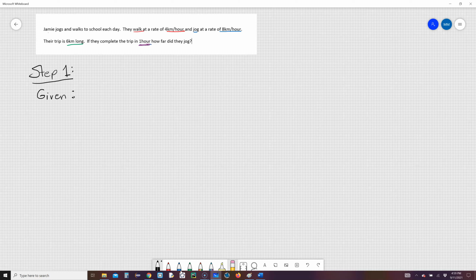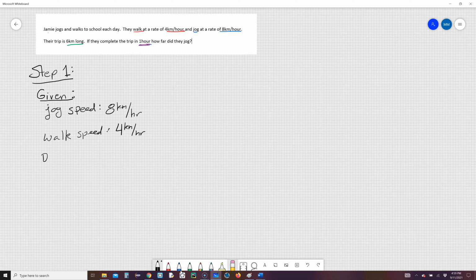So we start with our givens. We read, we carefully pick out the information. We are given that the jogging rate, or jog speed if you prefer, is 8 kilometers per hour. The walking speed is 4 kilometers per hour.